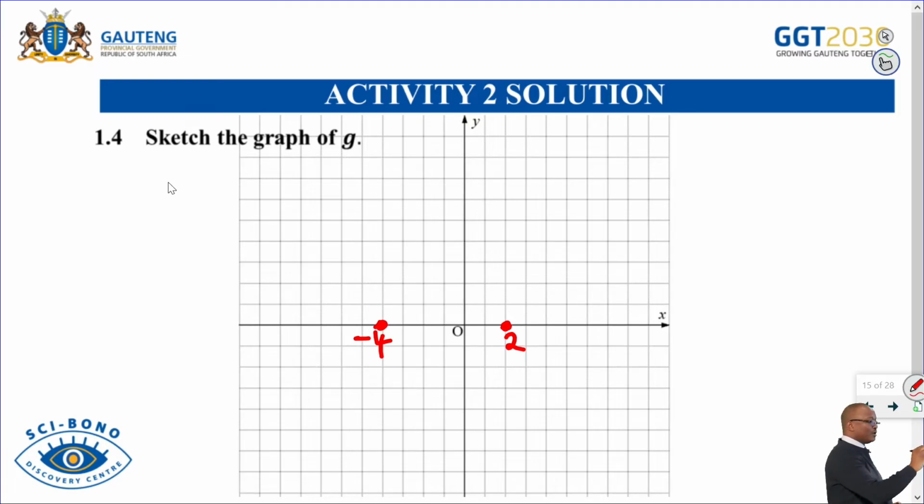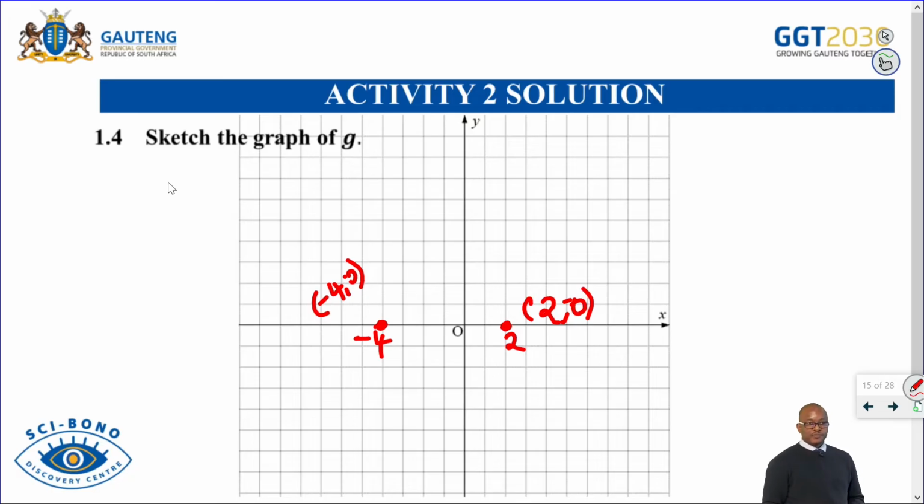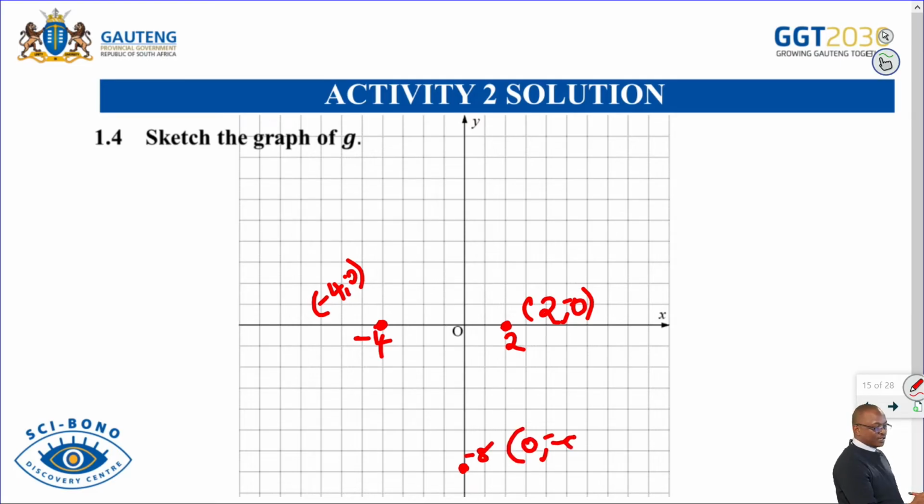In coordinate form, we're going to have negative 4 and 0, and on this side, 2 and 0. And remember our y-intercept was negative 8, we can see it there. The coordinate was 0 and negative 8. Those are the coordinates of the y-intercept.